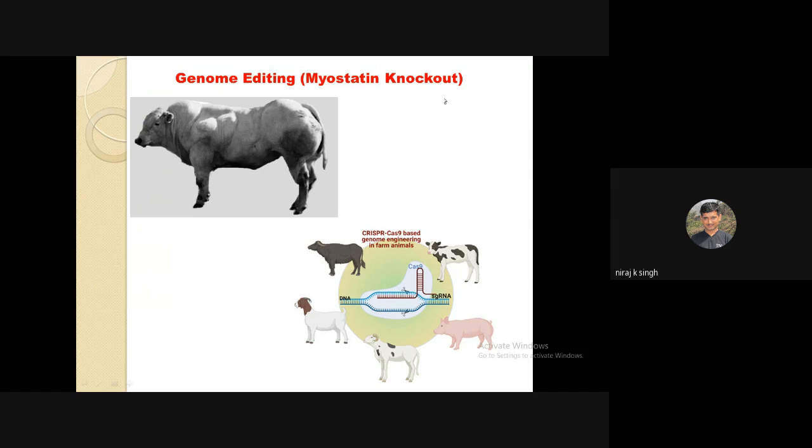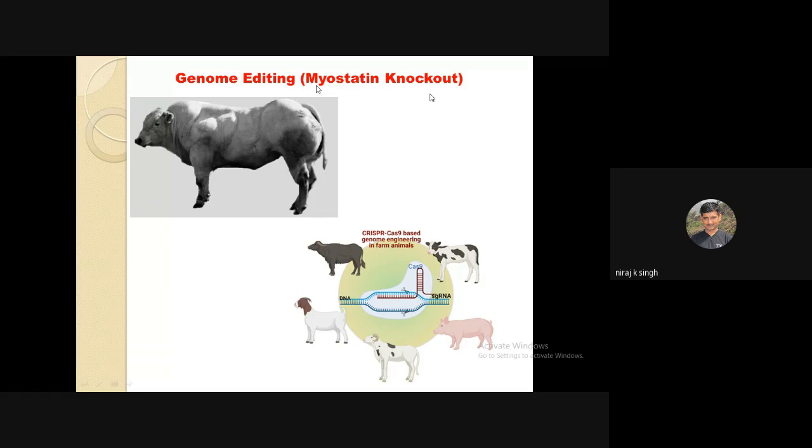The second example is the myostatin knockout bull. As you see in this photo, this is not a normal bull. Here the muscle mass is double that of a normal bull. In normal physiology, one important protein, myostatin, is responsible for proper development of muscle mass.